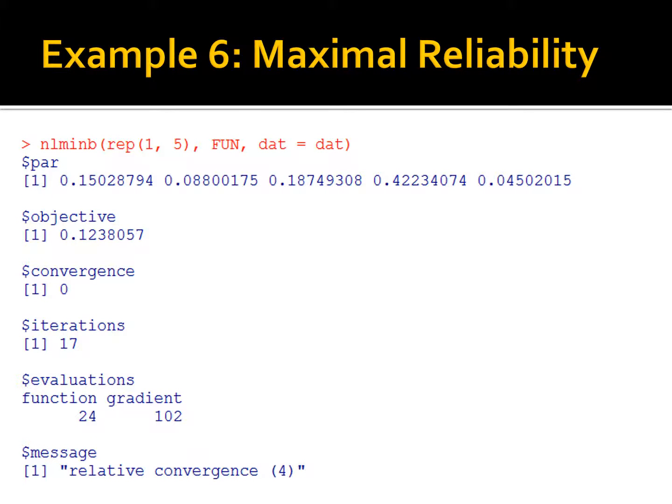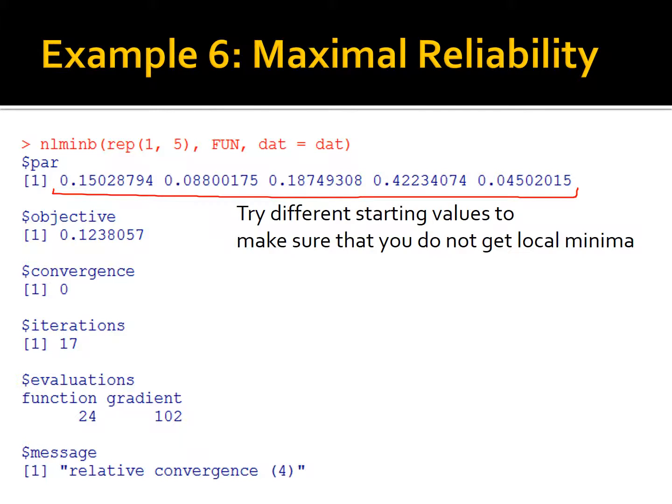Okay, we can run that, and we get weight 1 to weight 5 like this, and I can try different starting values to make sure I do not get a local minimum. And we know that this one is 1 minus numerator over denominator. We can subtract it from 1 again, and we get the reliability of 0.88.